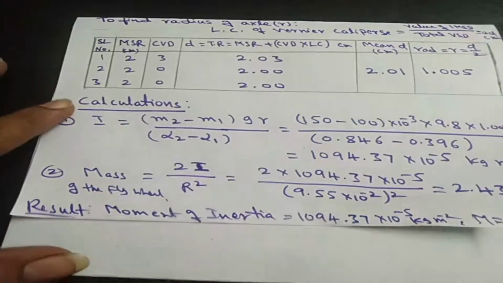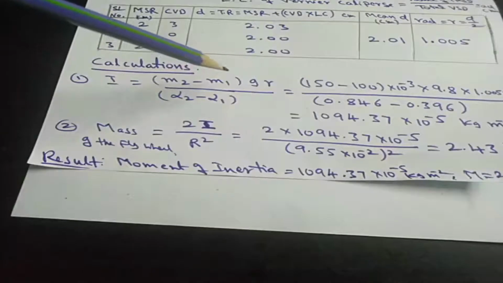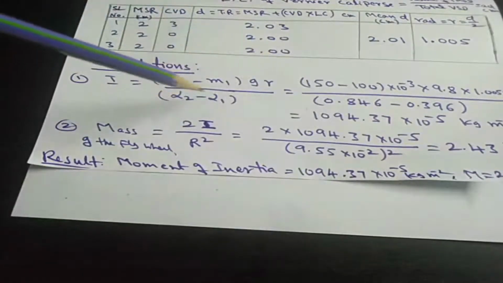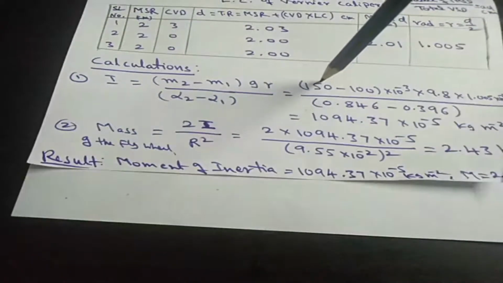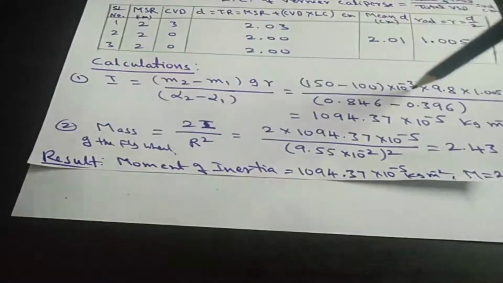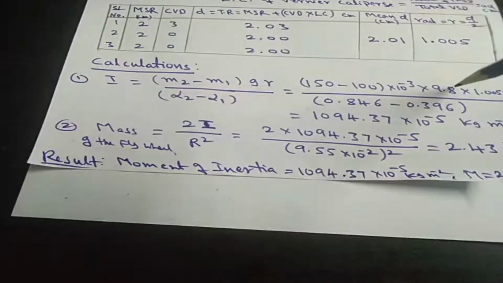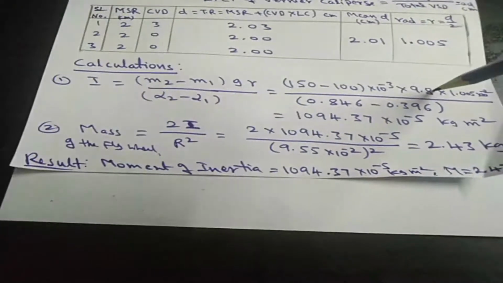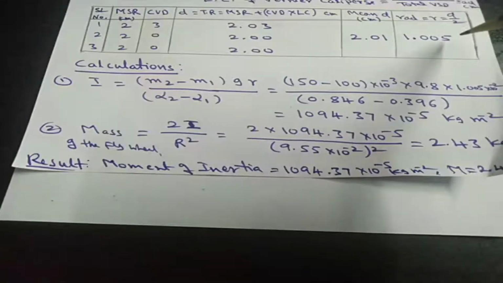Now we can look at the calculation part. I is equal to the formula for moment of inertia, (m2 minus m1) into g into r by (alpha 2 minus alpha 1). Here m2 is the second trial, 150 grams, and m1 is 100 grams, into 10 to the power of minus 3 because it is converted to kg, and g is 9.8 meter per second square. Next, r is 1.005 centimeter, so 10 to the power of minus 2 is multiplied to convert to meter.